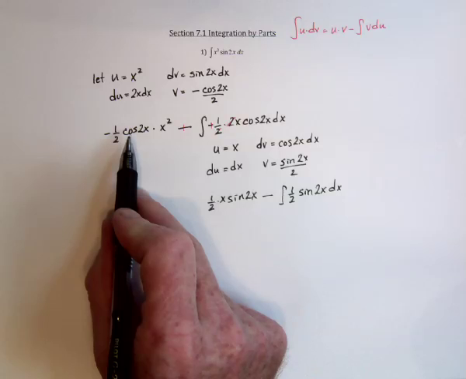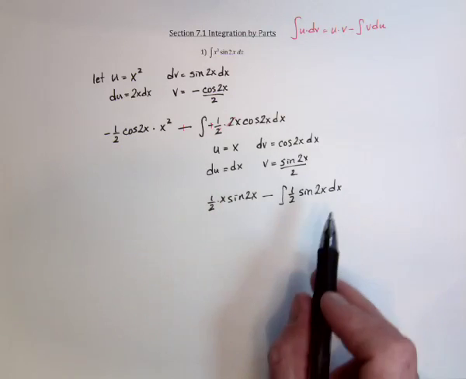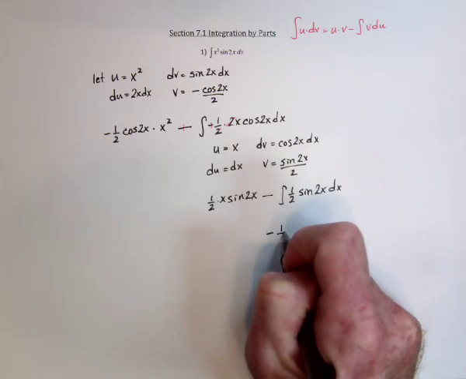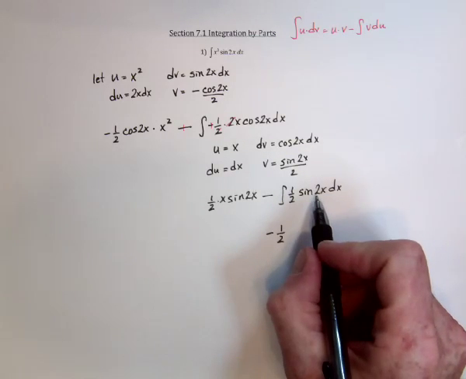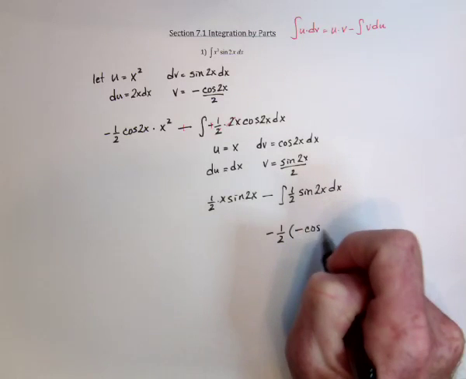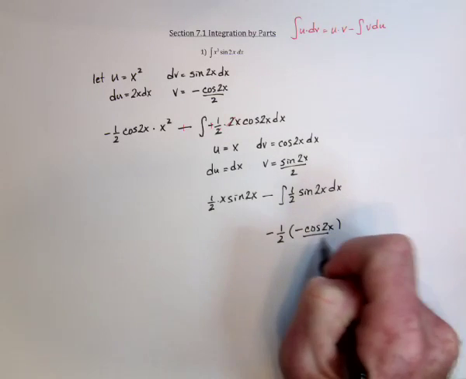So we've got this part, and now finally this integral. So that's going to be negative 1/2, and then integrate sine. So that would be negative cosine of 2x divided by 2.